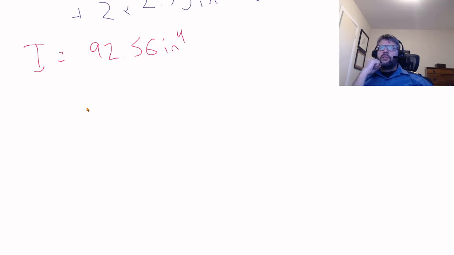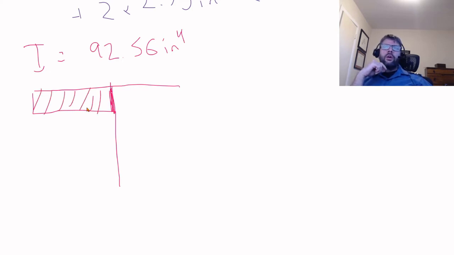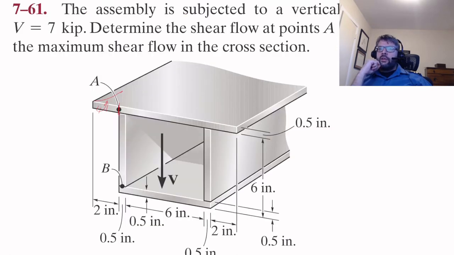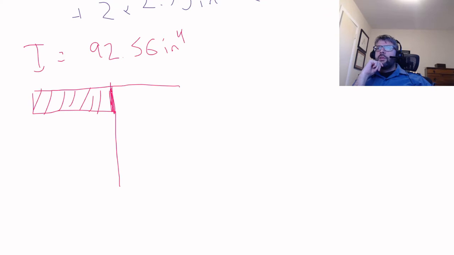So we're looking at it across there, and we're basing our Q on this cross section here. So that's the 2 inches that are sticking out to the side. This is 2 inches and this is 0.5 inches.